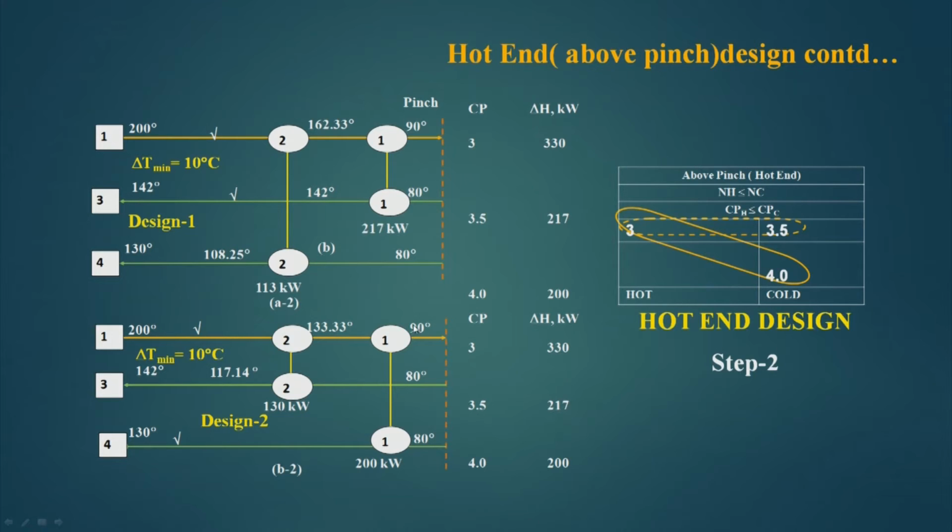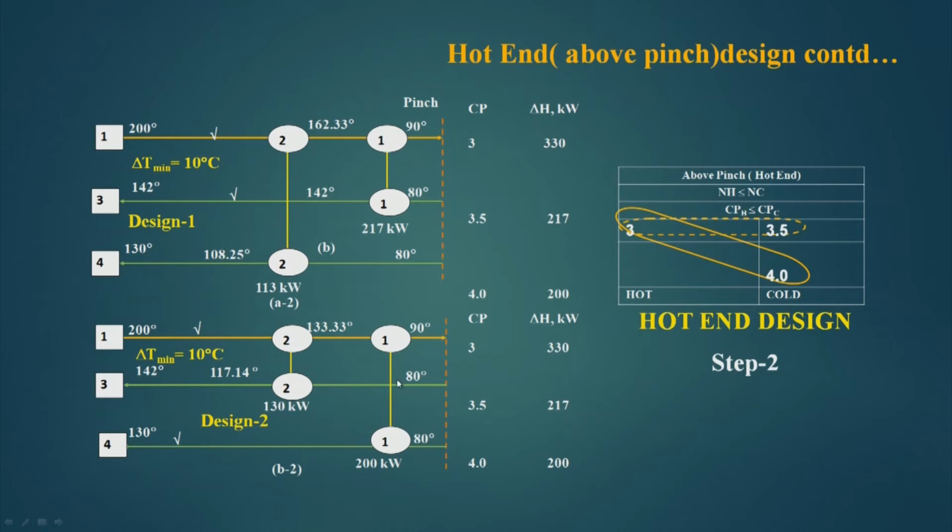Now, let us see for the design 2, we are matching 3 and 3.5. This is perfectly all right, because the Cph is 3 and Cpc is 3.5. So, this is satisfied. So, this is matched between this and this, we call it number 2 heat exchanger. Now, this has 130 kilowatt, this 130 kilowatt comes because this is 330 kilowatts.